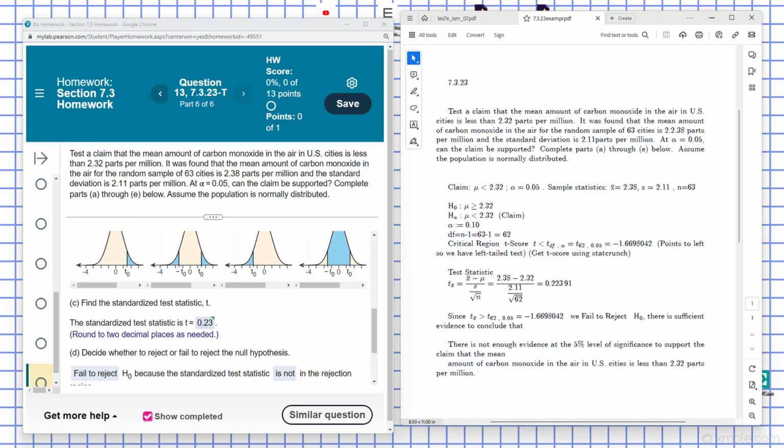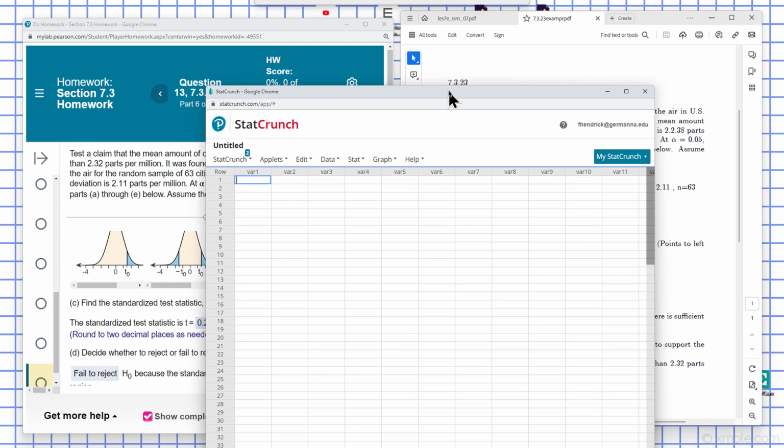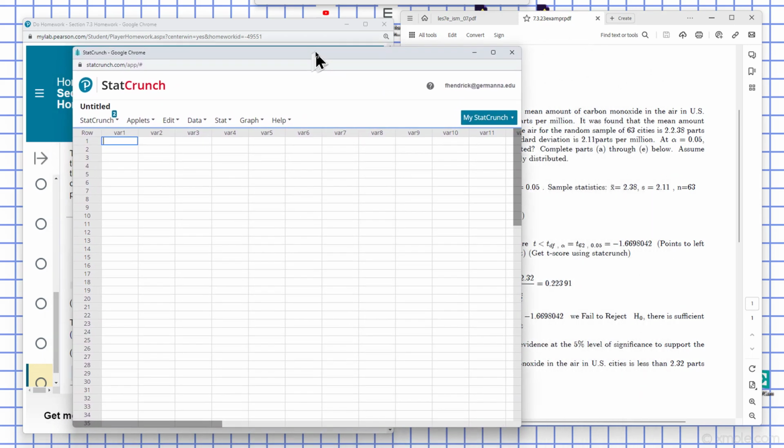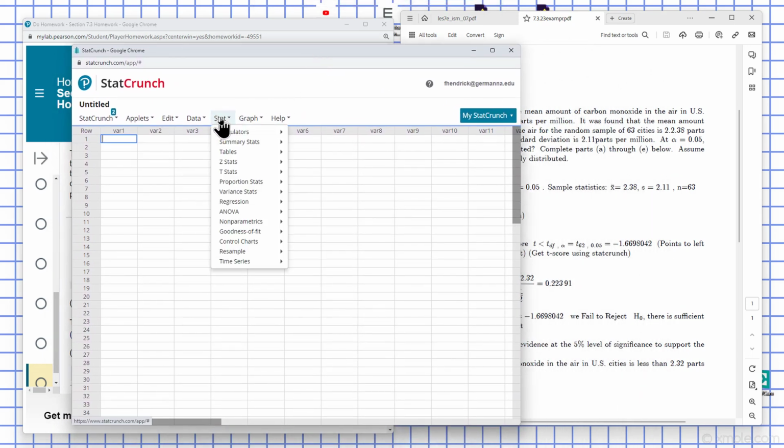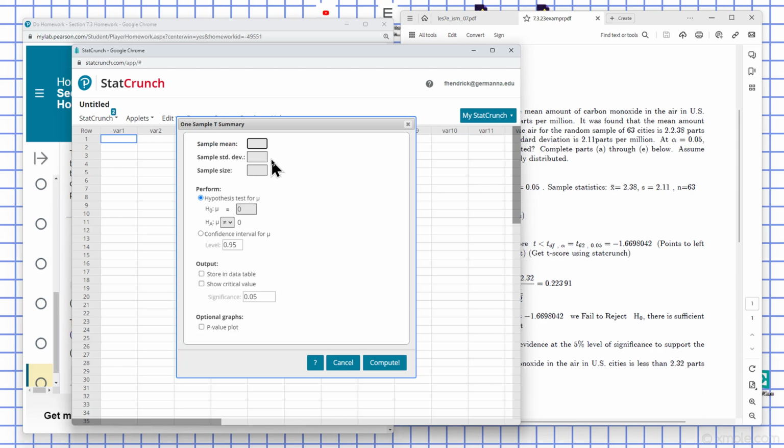Or you can use StatCrunch to get it done. We go to Stat, T Stats, One Sample, With Summary. Sample mean is given to us. Sample standard deviation, 2.11. Sample size is 63.